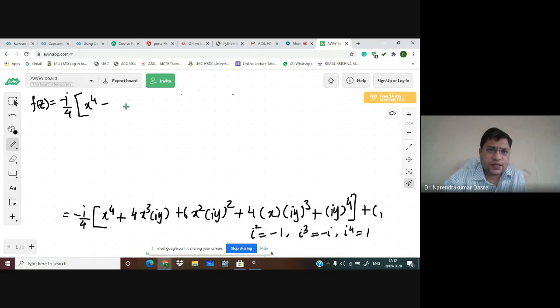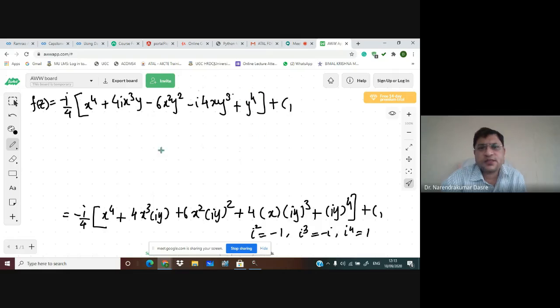Here I'll be having, see this term, plus 4i x cube y plus this i square will become minus 1. So this will be minus 6x square y square. And then I have here, this will be i cube. So it is minus i 4 xy cube. And this term is going to be 1. So y raised to 4 plus c. Okay, so that's what we got here.